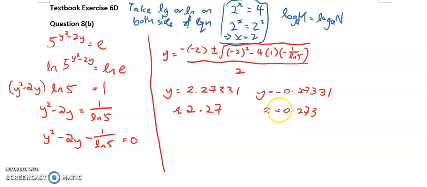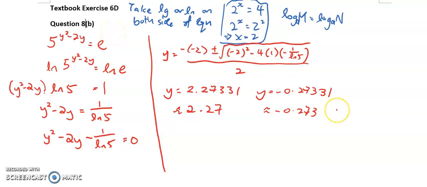For negative 0.273, if we substitute into the power of 5, you press your calculator, 0.273 squared minus 2 times 0.273, you'll get a negative power overall. 5 to a negative power will give you a value that is less than 1, so it shouldn't equal e.